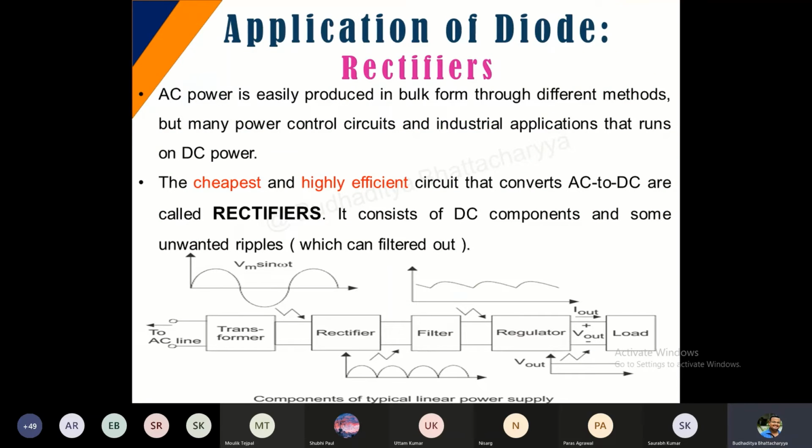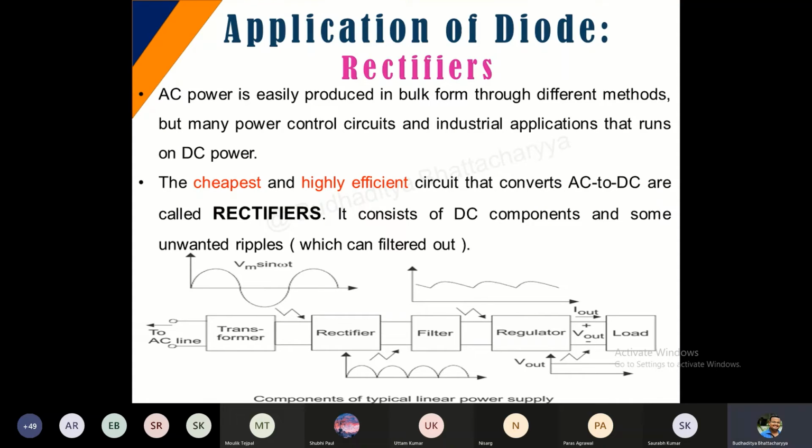Now comes the application part of the diode. Why are we studying this? One of the most important applications of a diode is the rectifier. Already I told you some part in the lab also that it is the cheapest and the most efficient circuit that converts AC to DC. Now imagine that for most of your household devices, or lab equipment, or any supply for that matter, we are having an AC supply.